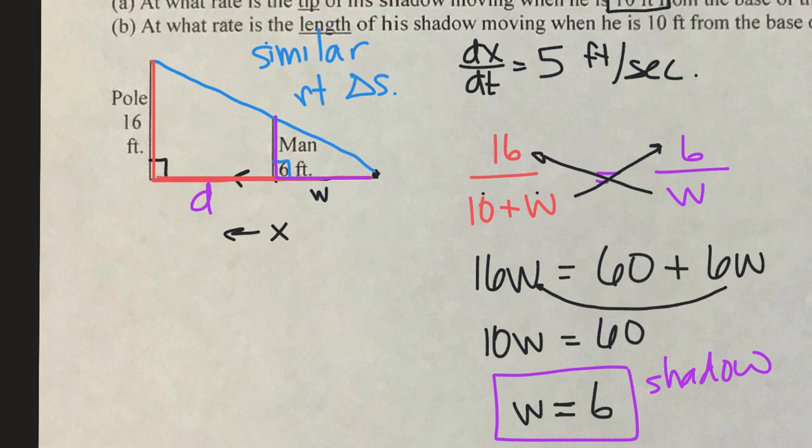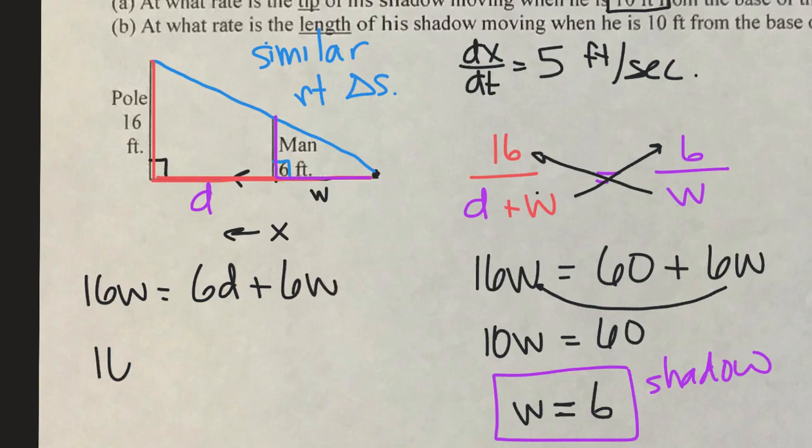So we're going to replace our 10 with a D. We can do this. Don't worry. This is D. So not a whole lot changes. We still have 16W equals 6D plus 6W. So 10W equals 6D.